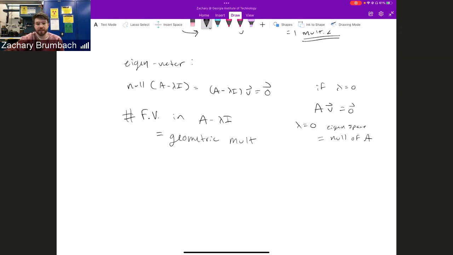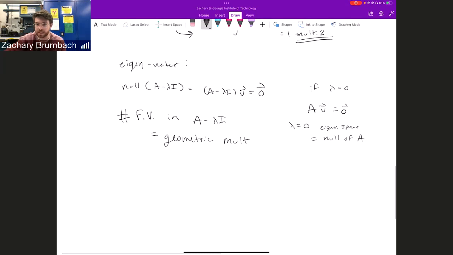That is the same thing as saying the dimension of the null space of A minus lambda I, and we're composing it of the eigenvectors for an eigenspace. The eigenspace boils down to just the null space of A minus lambda I. That is exactly what it is. Does this make sense? Does anybody have any questions on this? This is the easiest way to find out what the multiplicity is.